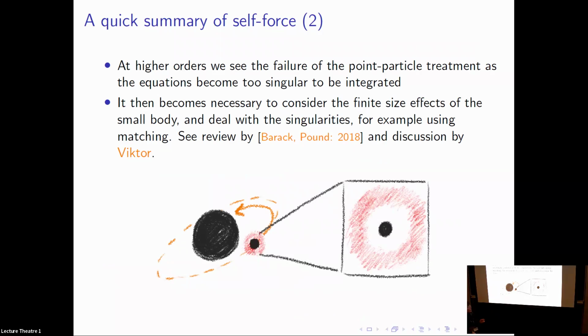So we need to use more advanced methods, such as dividing our perturbation into regular and singular fields, using some matching conditions around the small body, and so on. There's a nice review by Barack and Pound from 2018. And again, Victor already discussed it, so thank you. Okay, so that's the self-force.